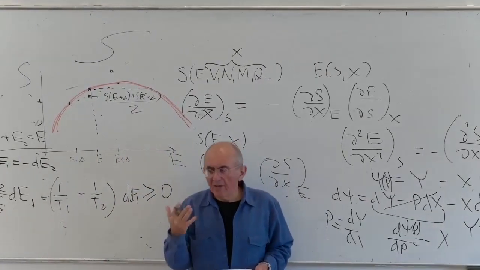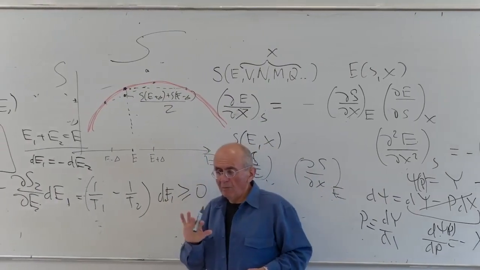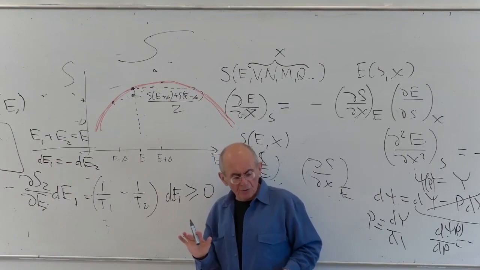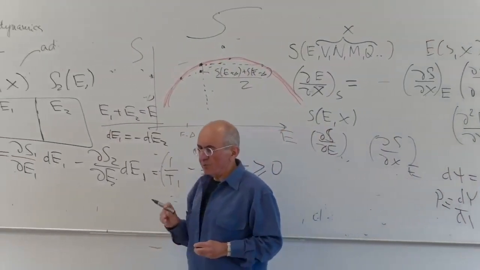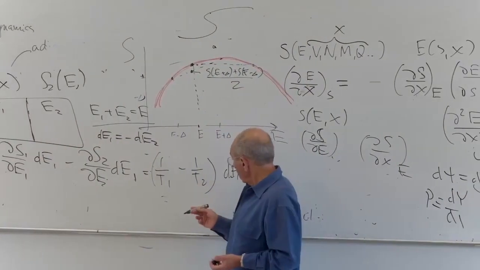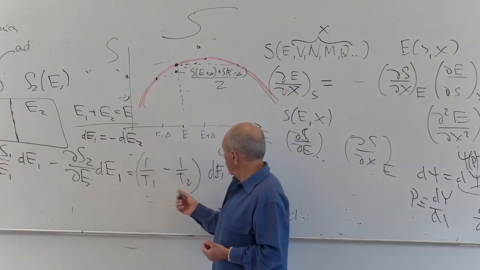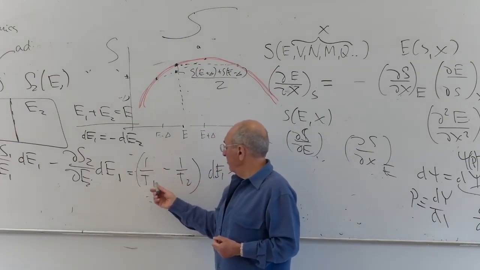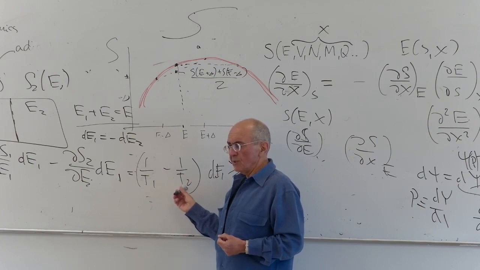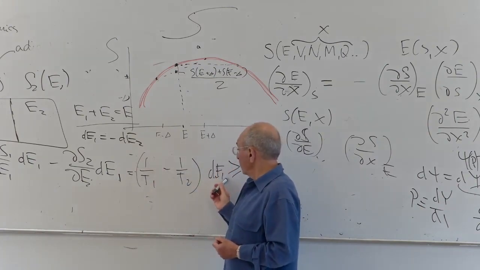So whatever happens, it tells us that our pretty formal definition of temperature as a derivative of energy with respect to entropy works. If my temperatures are positive, right, then this is larger than this, means that T1 is smaller than T2. So if this is positive, this must be positive too.